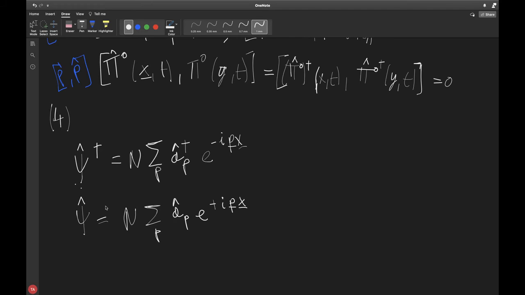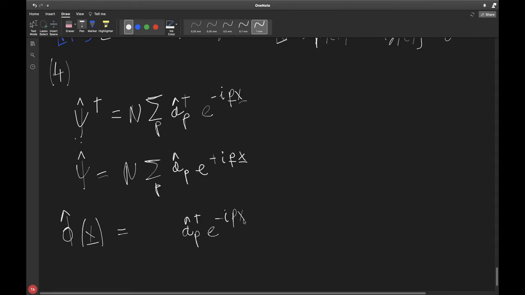So we will add the a_p dagger operator with the exponential of minus i p x, these are three vectors, with the other operator a_p with the exponential of plus i p x, three vectors.